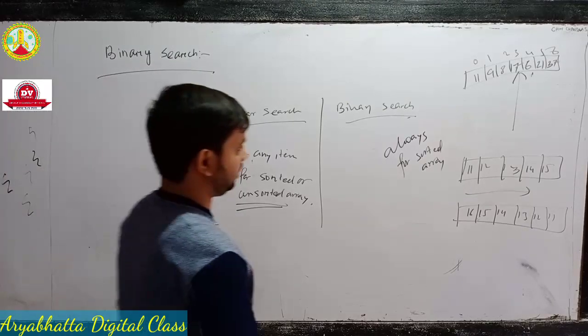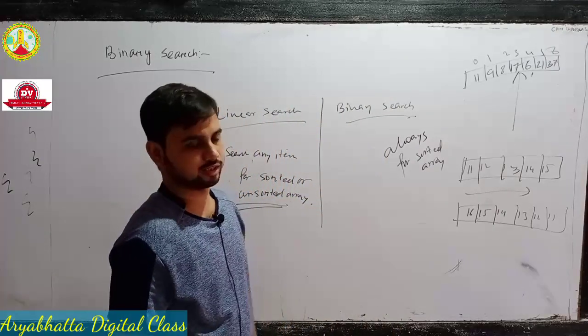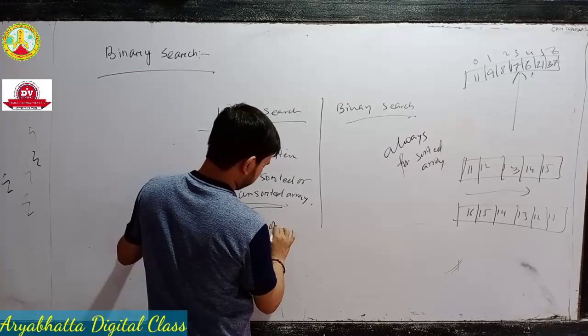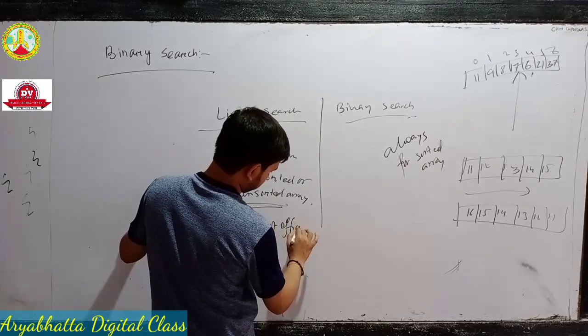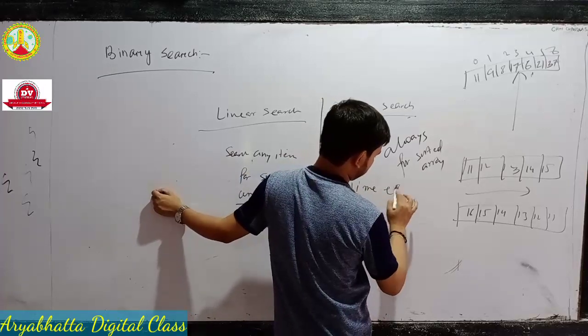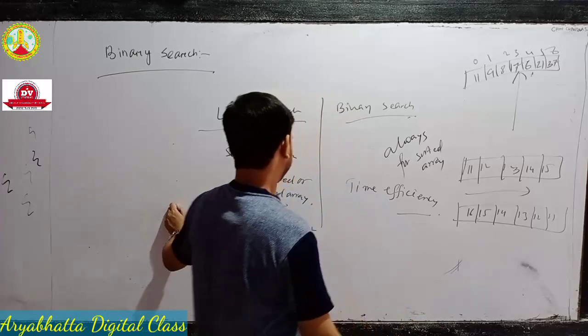Binary search is either ascending or descending, always for a sorted array. But in linear search, time is not efficient, while in binary search, time is efficient.